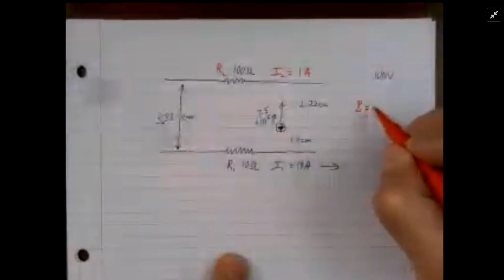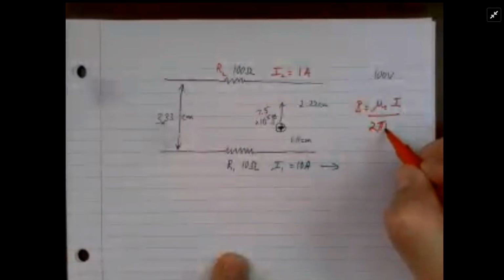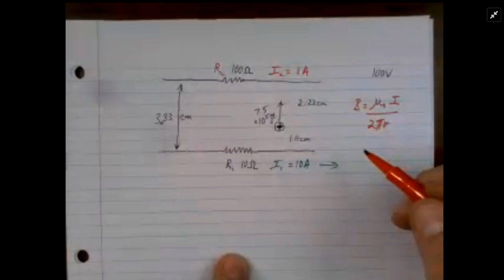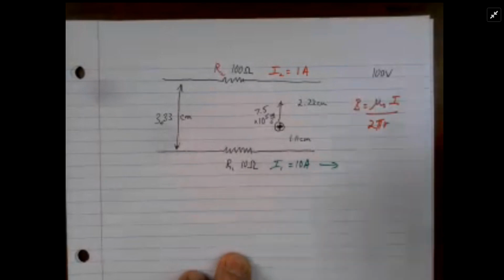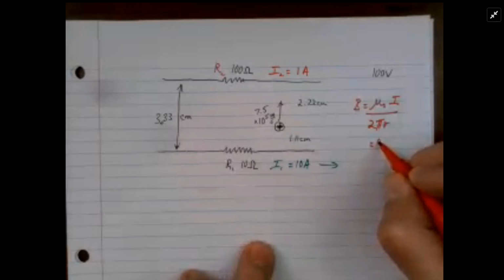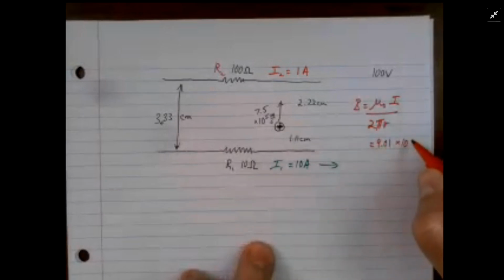So anyway, what's the magnetic field from this? Well, B equals mu naught, permeability of free space, I over 2 pi r. When you plug that in, you should end up with 9.01 times 10 to the minus 6th Teslas.